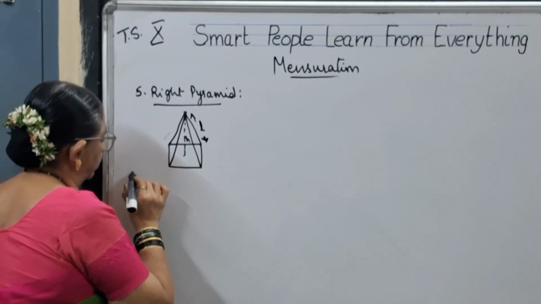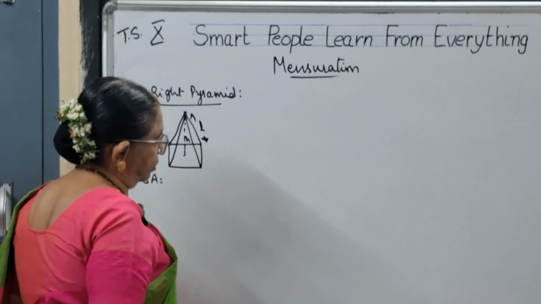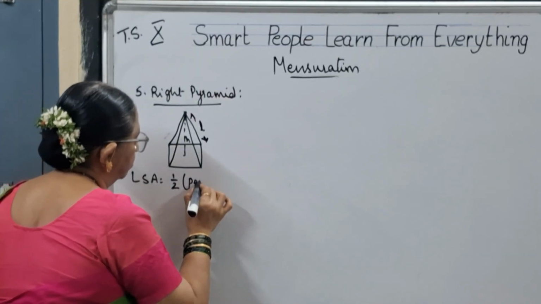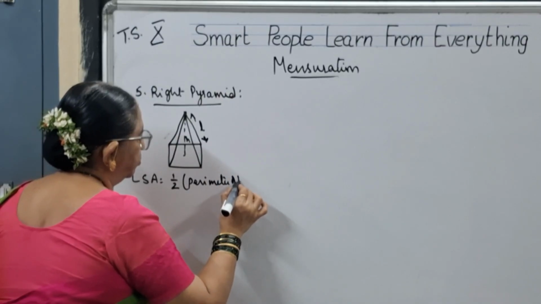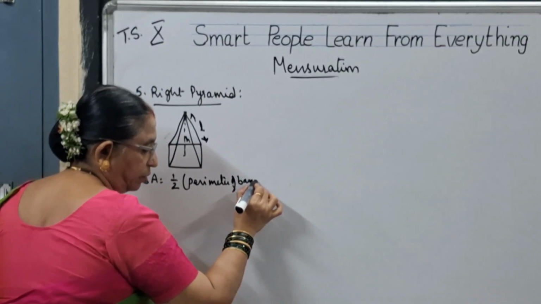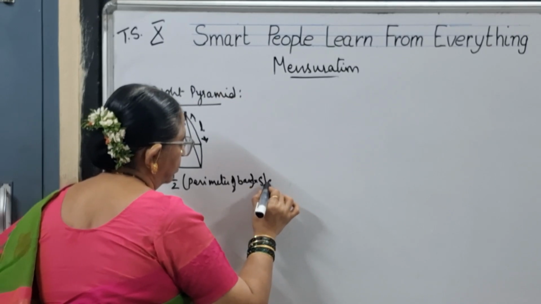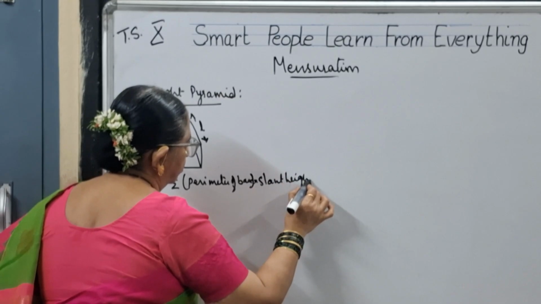Now here we will be talking about lateral surface area. Lateral surface area is considered as half into perimeter of base into slant height. This is the formula.